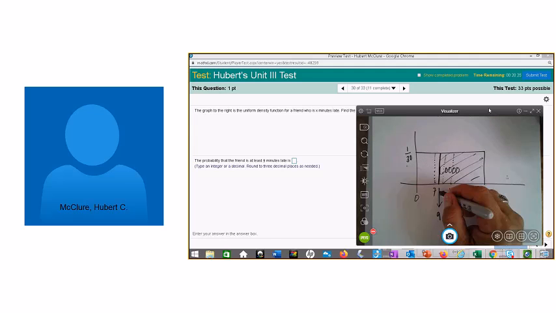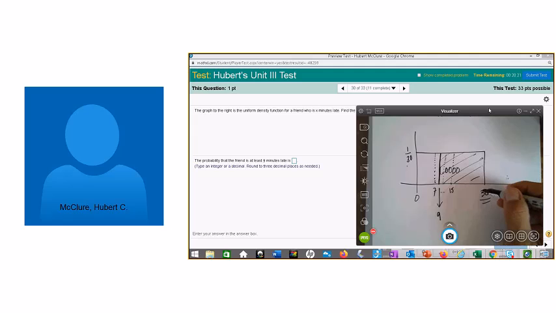So what's 9 to 30? What's that distance? 21. 30 minus 9 is 21, and your height is 1 over 30.